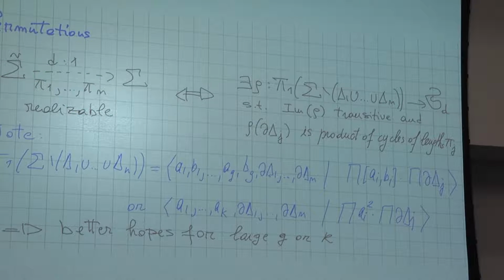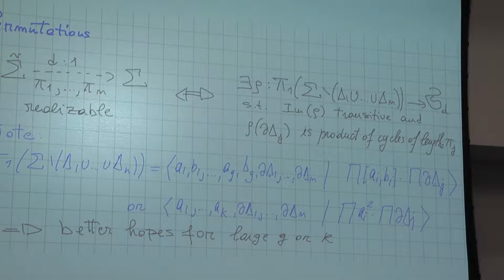So there's this classical, easy fact that a candidate is realizable if and only if you can represent the fundamental group of the surface minus n disks, remember n is the number of branching points, in the permutation group of permutations over these d symbols, in such a way that the image of rho is transitive, which corresponds to the fact that the cover will be connected, and the cycle structure of the image under rho of the boundary of the jth removed disk is pi j.